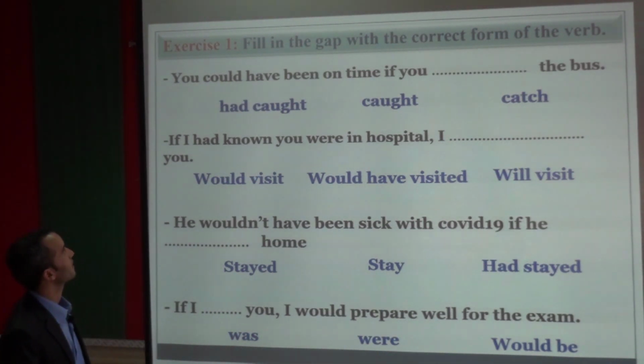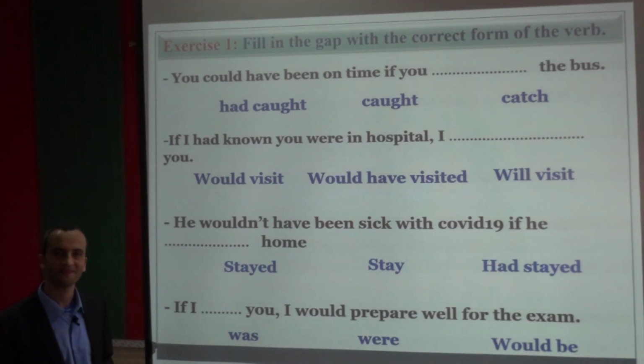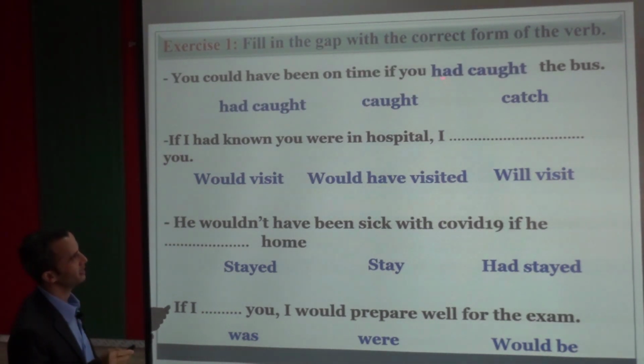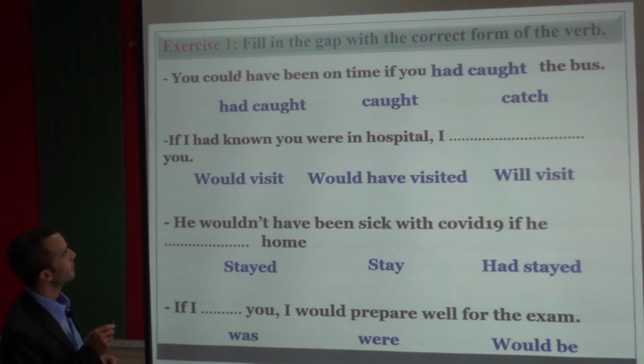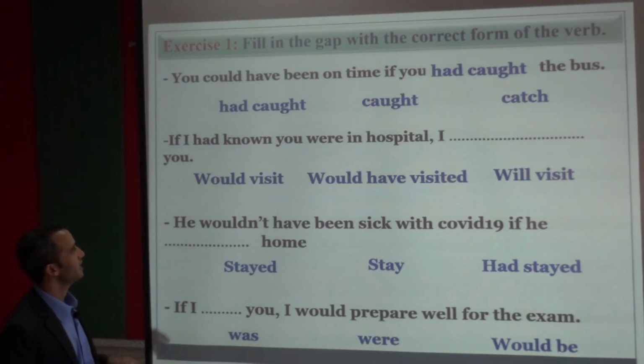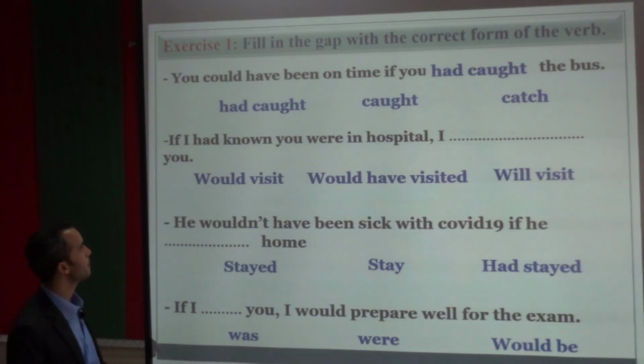Number 1. You could have been on time if the bus. Is it had caught, or catch? Great. Had caught. Why? This is the past perfect. And why should the past perfect be here? Because here we have could have plus past participle. So keep it in mind. Number 2, example number 2.